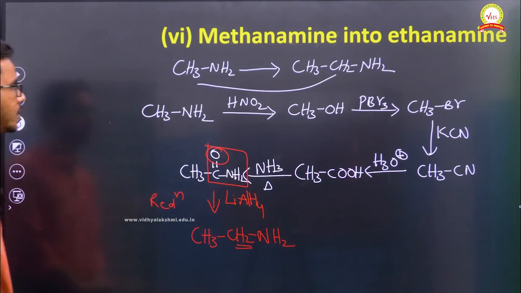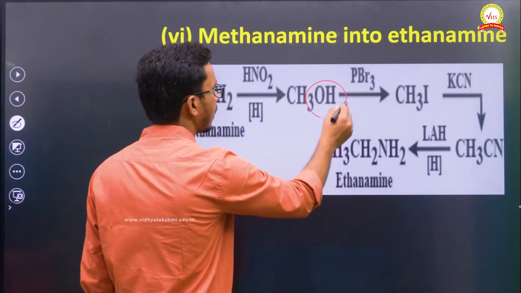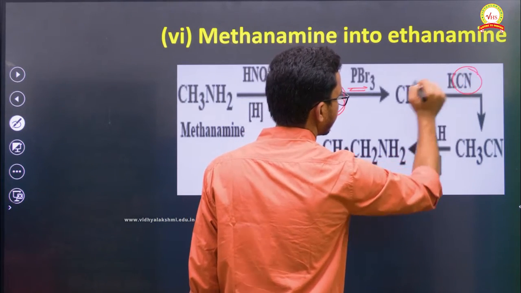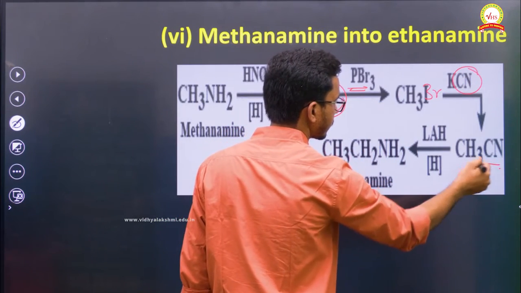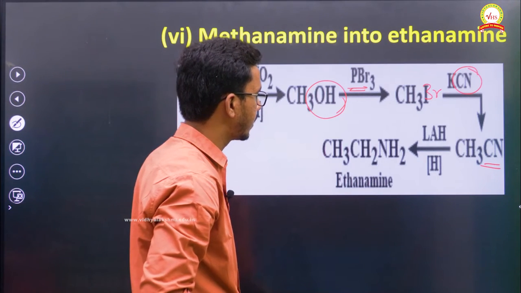Let us see whether this conversion is right or wrong. What do we have? We have just converted the alcohol. In presence of PBr3, it gives CH3Br. On cyanide reaction gives respective cyanide.